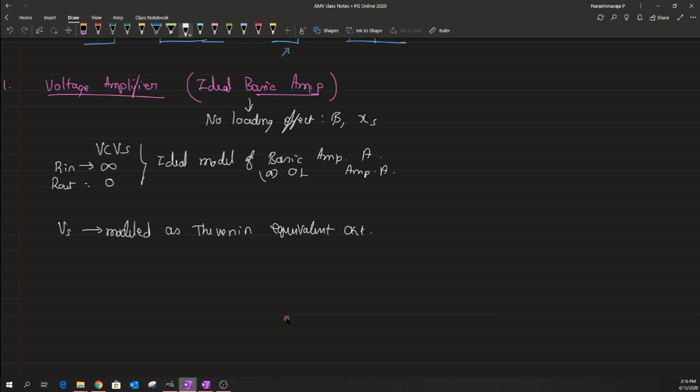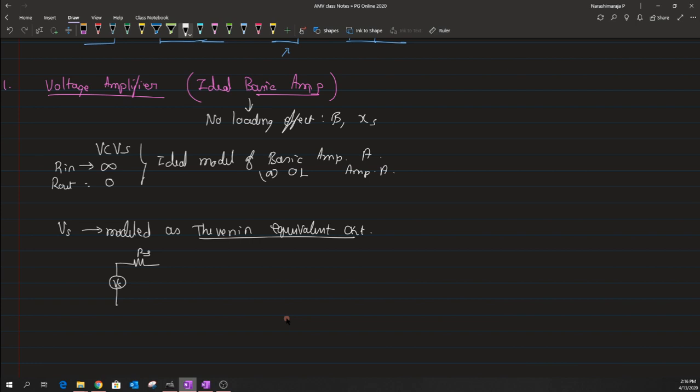What I mean by this statement is that any voltage source will have a source resistance associated with it, and one could model that as a voltage in series with that resistance Rs. That is what we mean by the Thevenin's equivalent model.